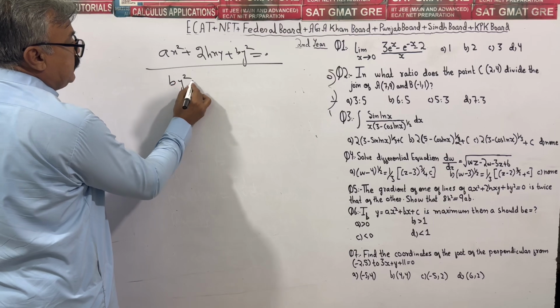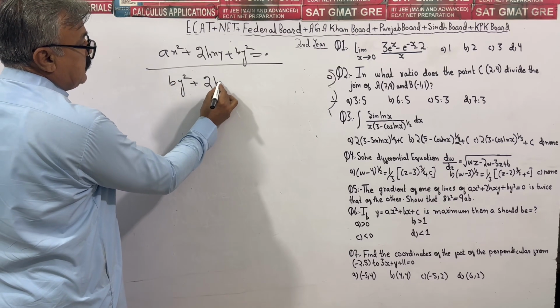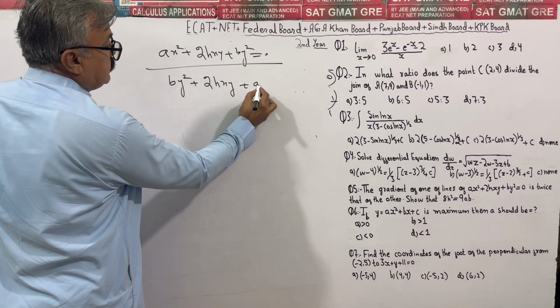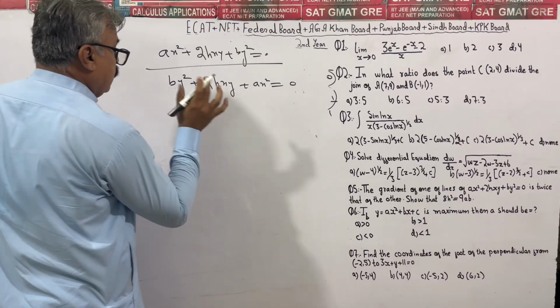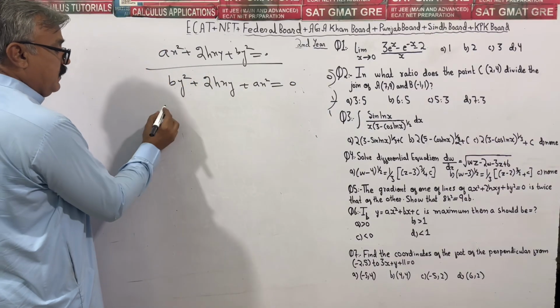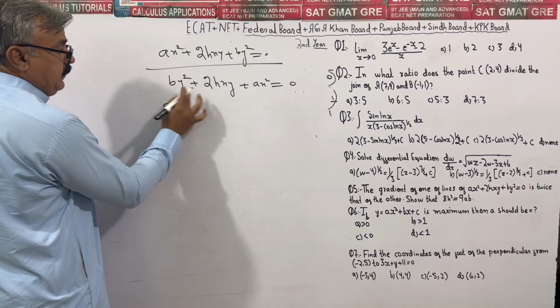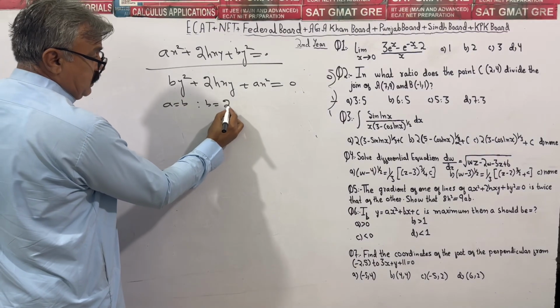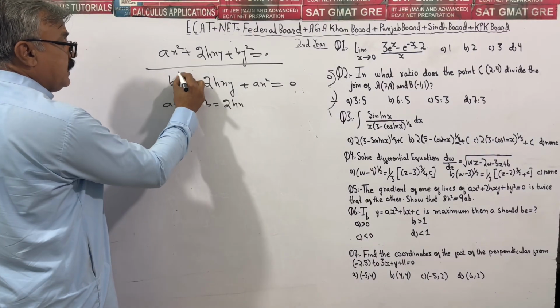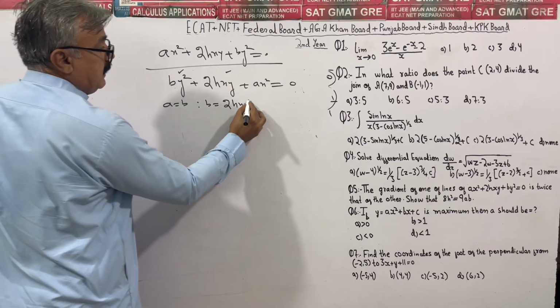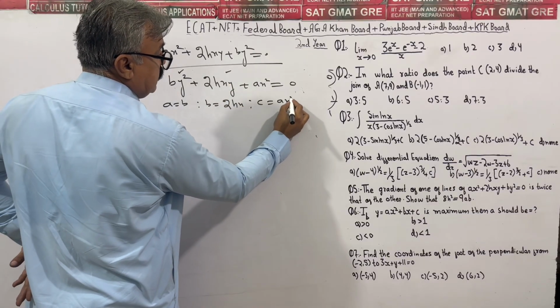Let me write by square plus 2 times hxy plus ax square is equal to 0, quadratic in y. So the value of a is b, the value of b is 2 times hx, quadratic according to y, y is our variable, and c is equal to ax square.